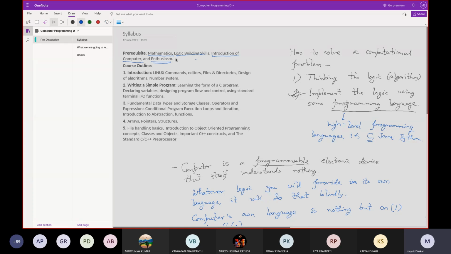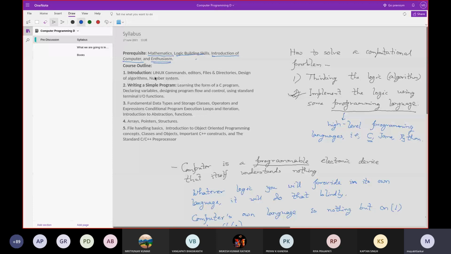But eventually, it is you who will have to practice it a sufficient amount of time to get the programming language in grip. This is not only for C. Even now, when we learn any new programming language, we need to practice a lot. Otherwise, just by reading a book, it is not possible to learn a programming language. Okay, so you need to have an enthusiasm yourself.